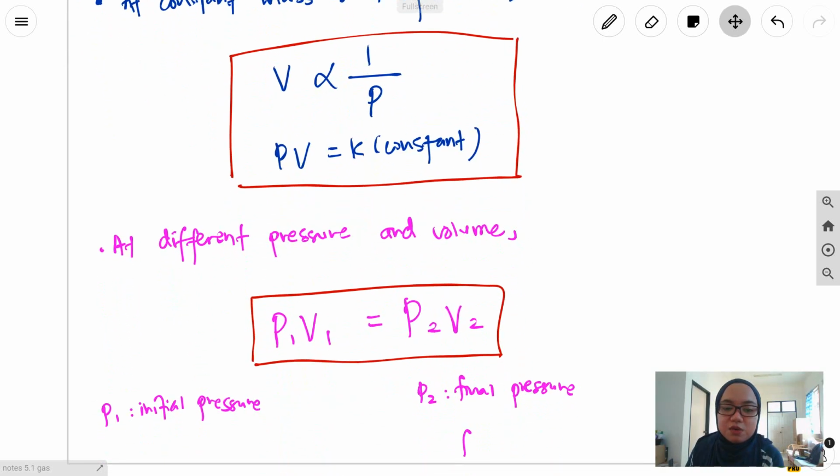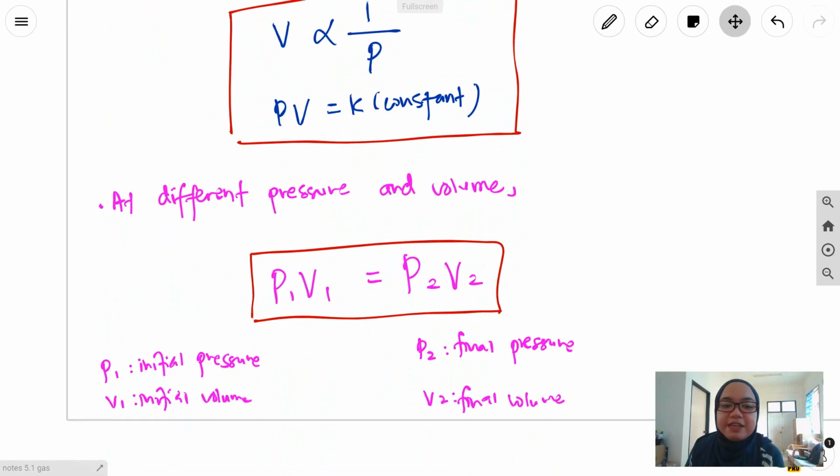So PV is equal to K. So at different pressure and volume, we can say that P1V1 is equal to P2V2, where P1 is the initial pressure and V1 is the initial volume, P2 is the final pressure and V2 is the final volume.